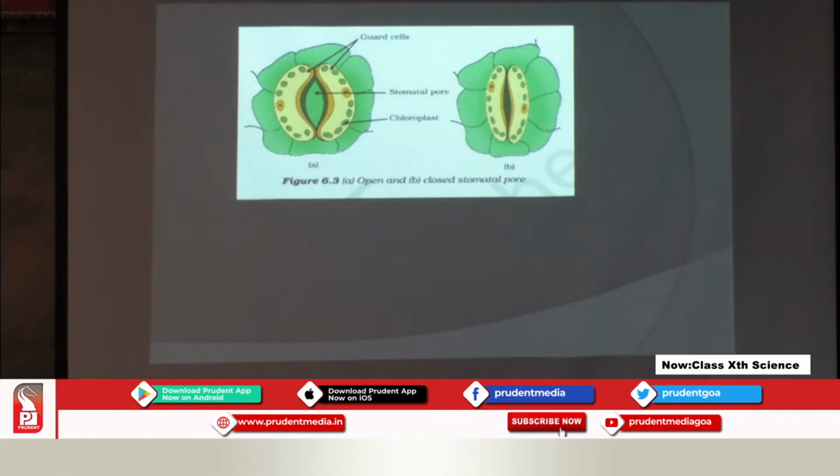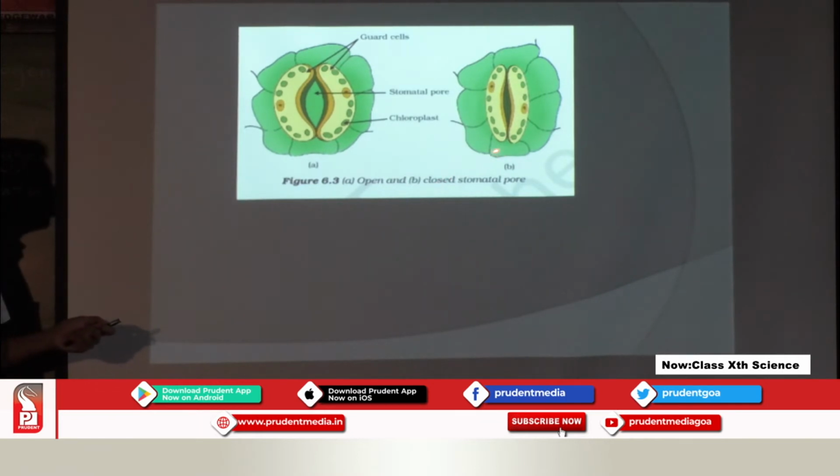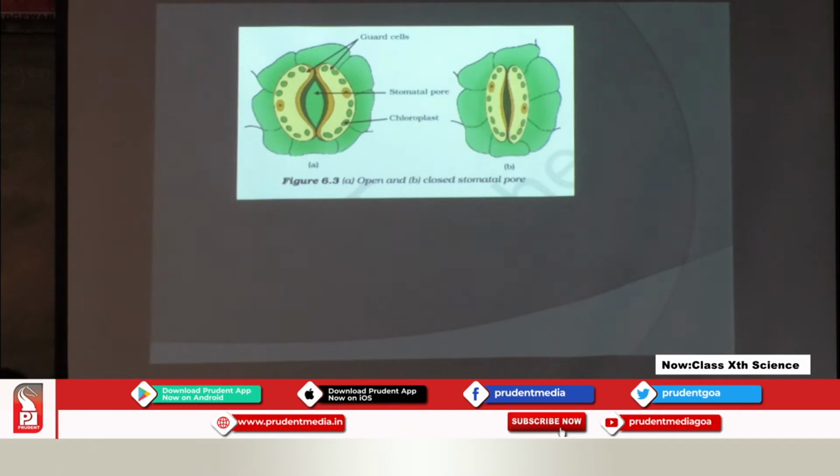This diagram represents an open and a closed stomatal pore. The first diagram represents an open stomatal pore and this diagram represents a closed stomatal pore. Now, this is one pore, this is another pore. This stomatal pore is open and this stomatal pore is closed.